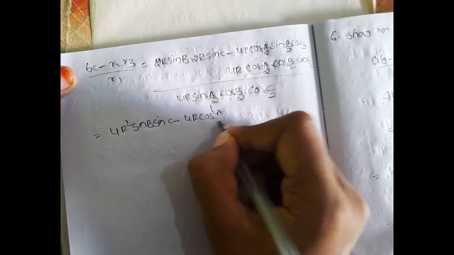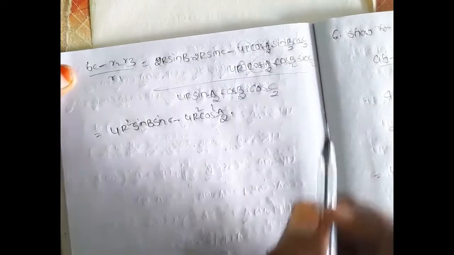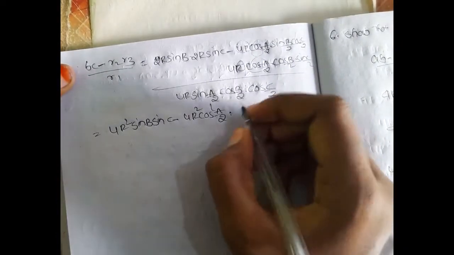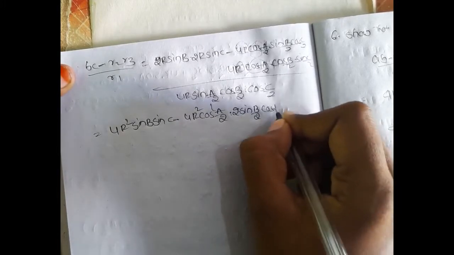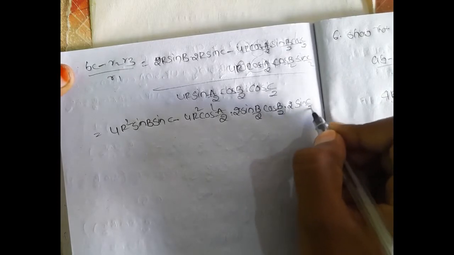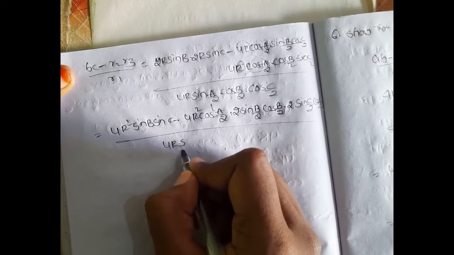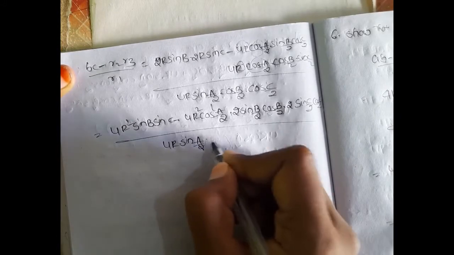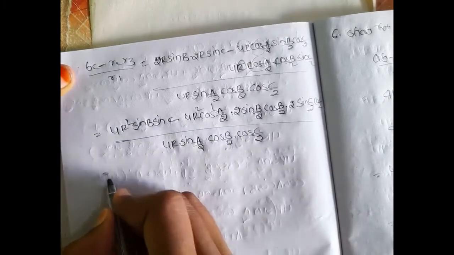square a by 2. We have one more 4r. Let's write 4r into r, 4r square. We have 4 here. Let's write it in the form 2 sin b by 2 cos b by 2 into one more 2 sin c by 2 cos c by 2. Now 4r sin a by 2 cos b by 2 cos c by 2.